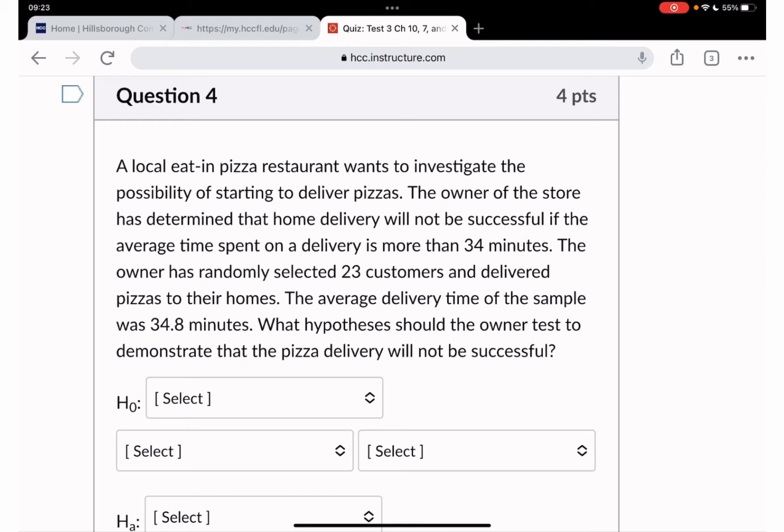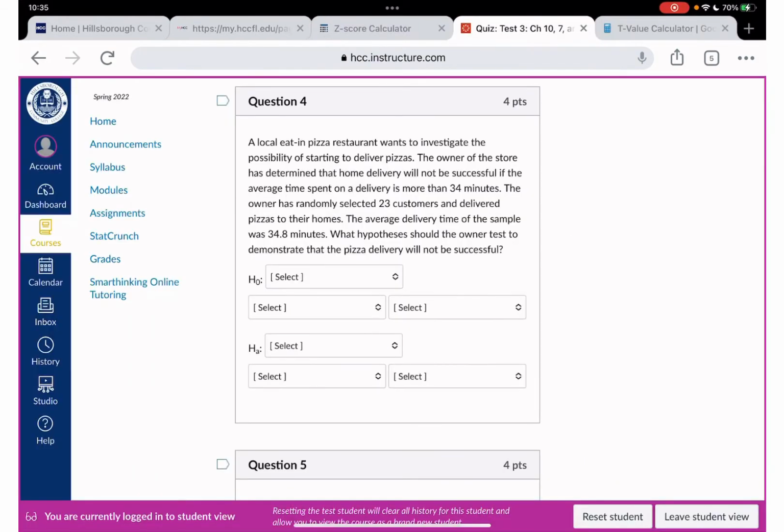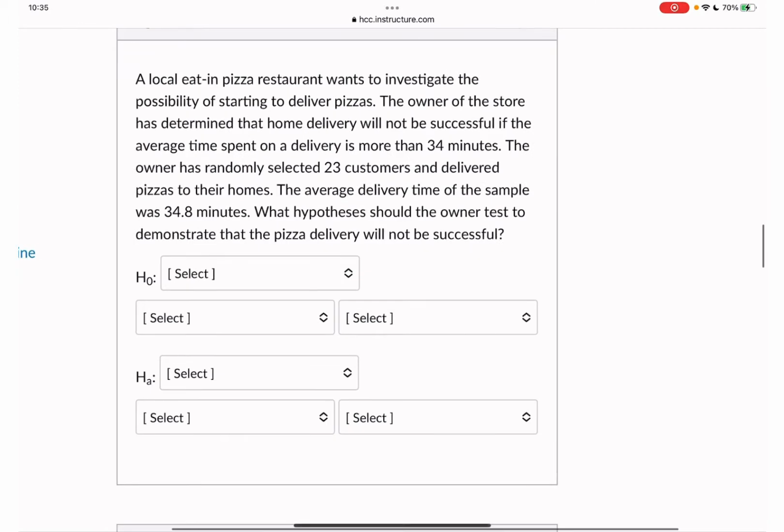The owner has randomly selected 24 customers and delivered pizzas to their homes. The average delivery time of the sample was 34.8. What hypothesis should the owner test to demonstrate that pizza delivery will not be successful?